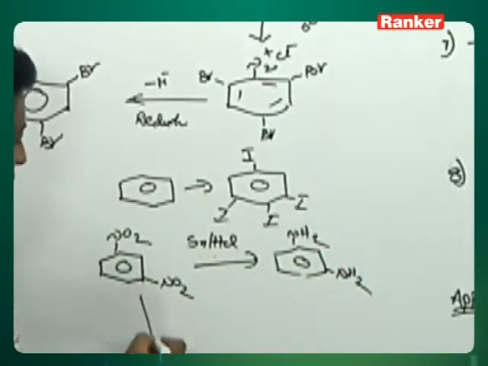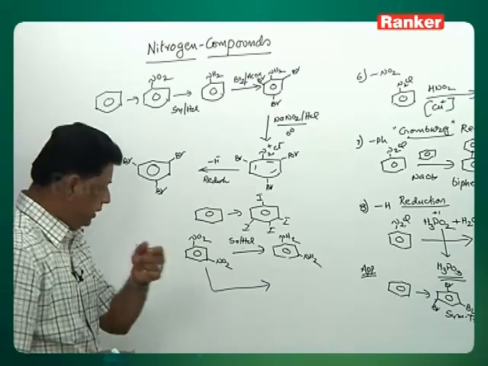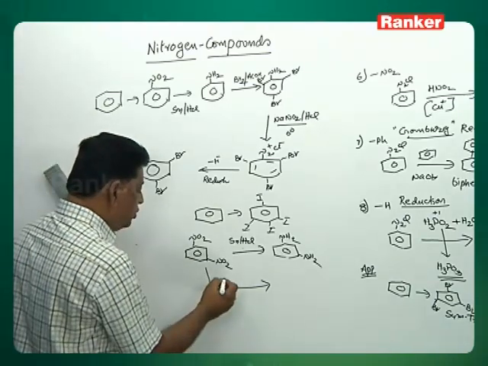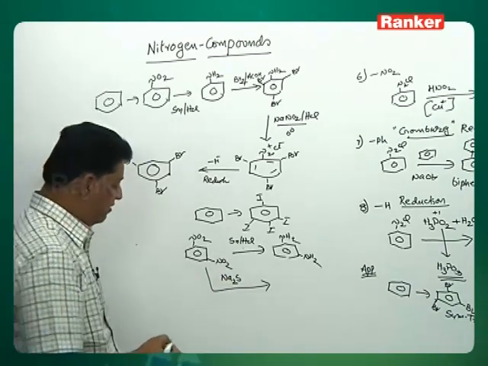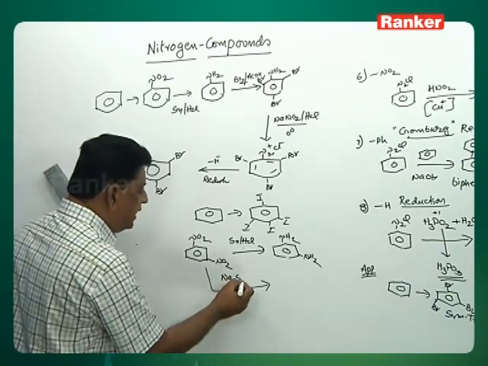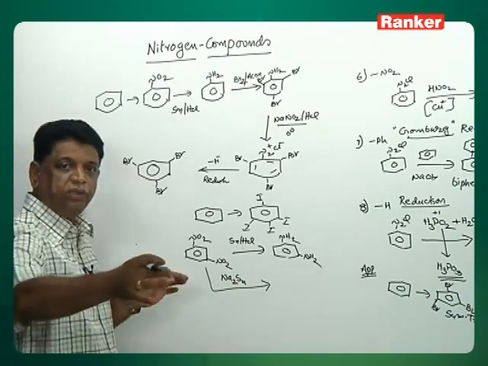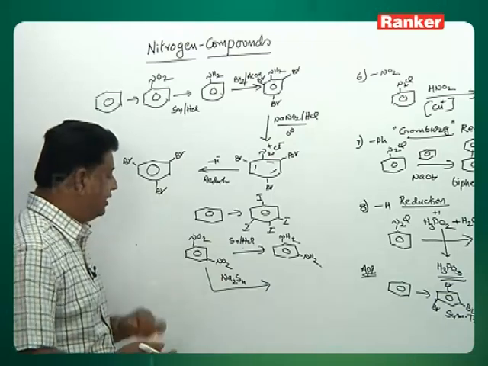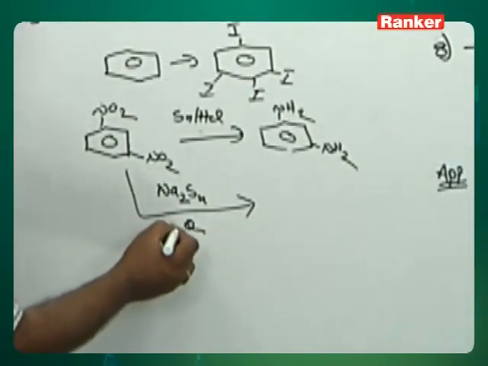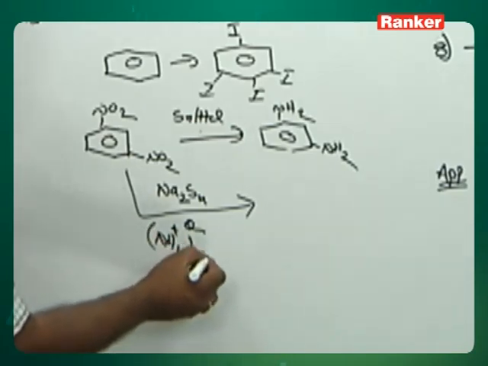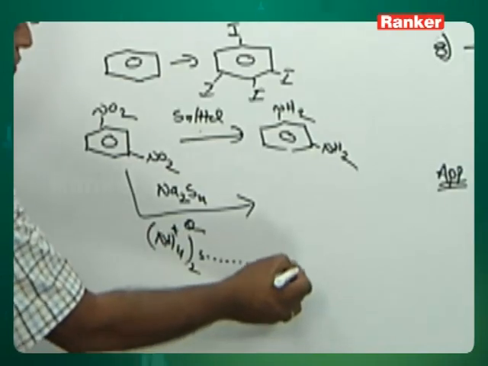Instead, we have some reducing agents so that only 1 nitro is reduced, for example, sodium polysulfide, Na2Sn, with a large number of sulfurs, or ammonium polysulfide, with NH4+ taken twice, sulfur, sulfur, sulfur at the end, and again another NH4+.